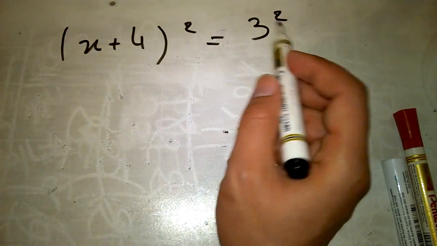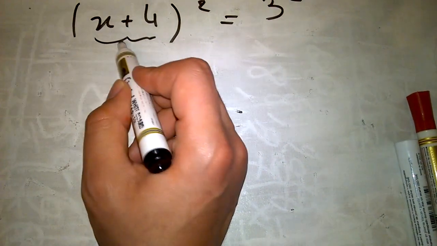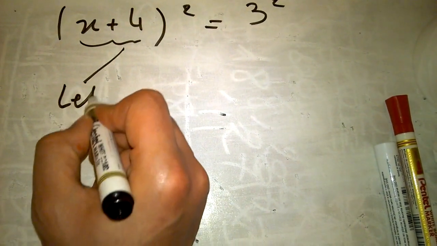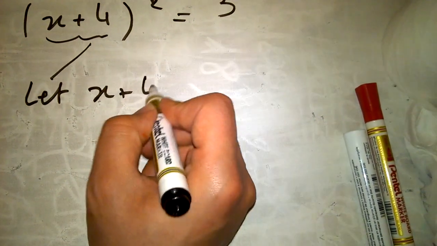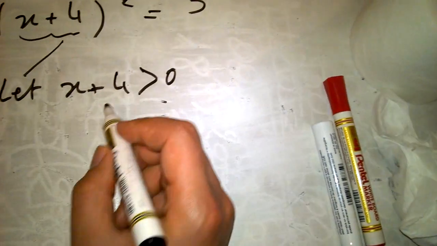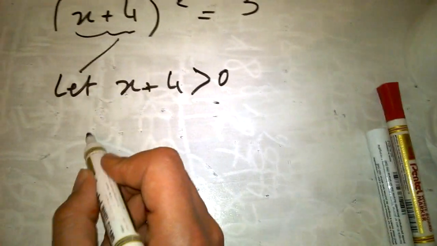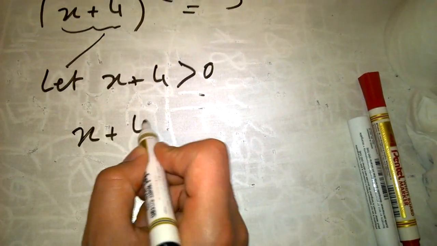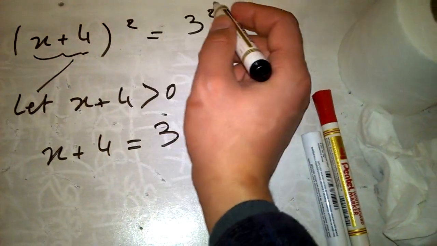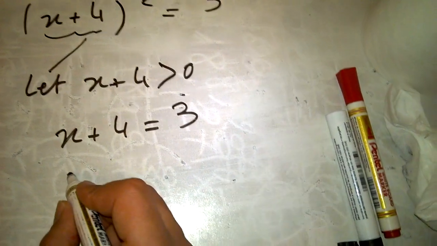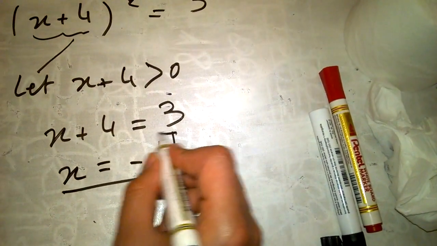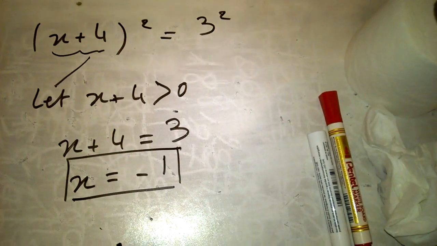To take the square out, this thing must be positive. So let x plus 4 be positive. That means in this case x plus 4 is equal to 3. I took the square from both sides. That means x is equal to minus 1. That is the first solution.